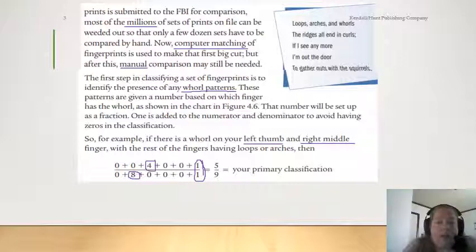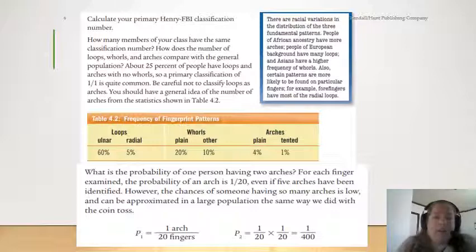Then when you add across, you get 5/9 as your primary classification. You could figure out your own at home if you wish, then compare it to other people in your home to see how your numbers compare.